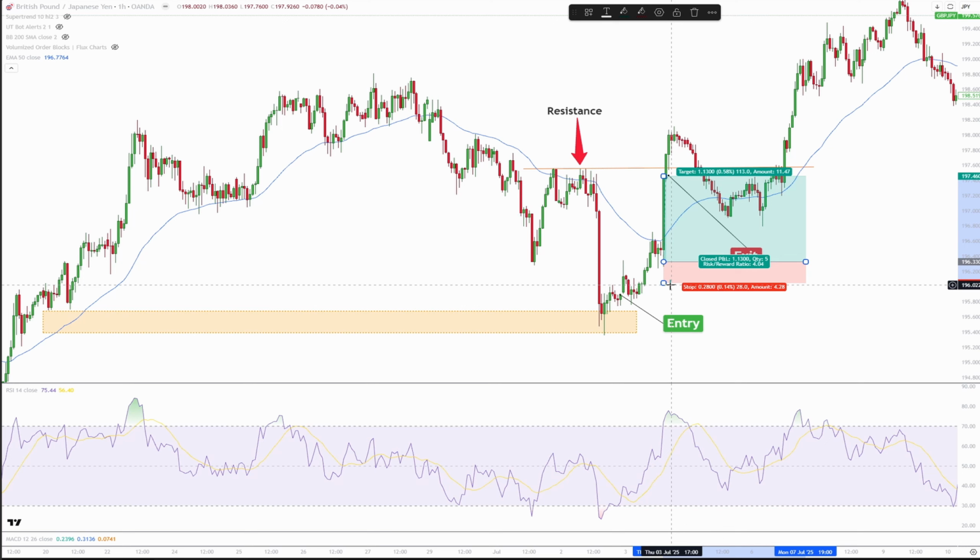Now let me share the indicators I use and how you can set them up on TradingView. My go-to indicators are simple but powerful. 50 EMA for trend direction, RSI 14 for overbought, oversold conditions, volume profile to see where the biggest buying and selling took place. I also like a free indicator called Supply and Demand Zones on TradingView.